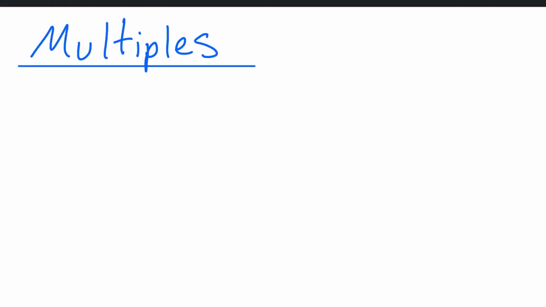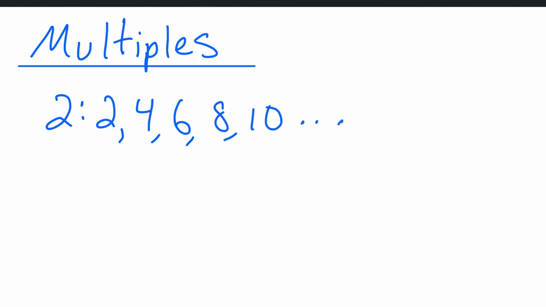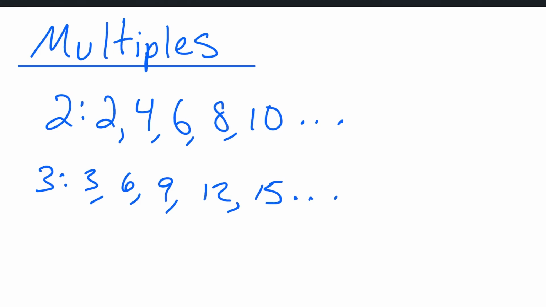So, first, let's talk about what a multiple is. A multiple of any number is the product of that number and any non-zero positive value. So, the multiples of 2 are 2, 4, 6, 8, 10, and it keeps going on forever. The multiples of 3 are 3, 6, 9, 12, 15, because 3 times 2 is 6, 3 times 3 is 9, 3 times 4 is 12, so forth and so on.